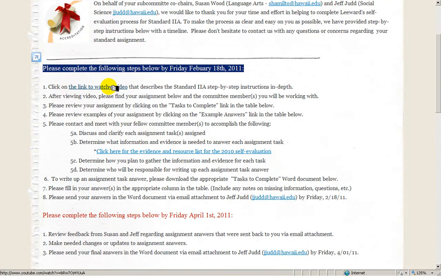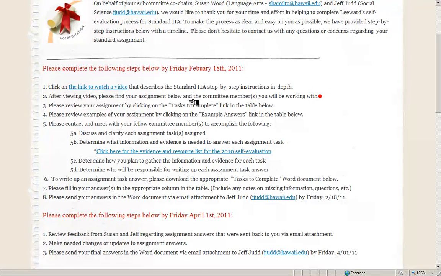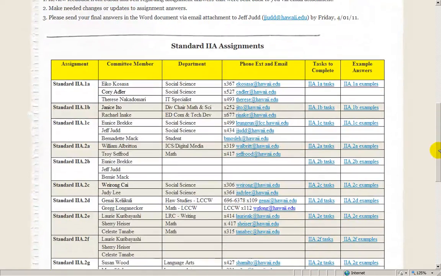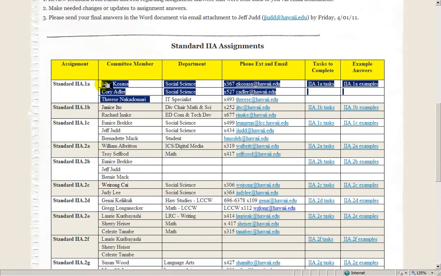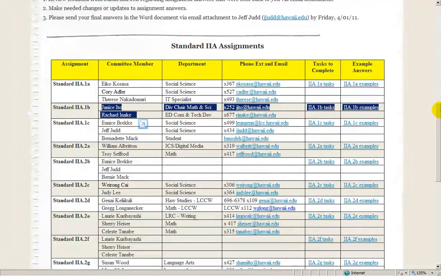And you're doing step 1 now by clicking on the link to watch the video. And then you'll be looking at the assignments below to find what task you're asked to do and who you will be working with. So if you scroll down there, you'll see for Standard 2A, 1A, these three folks have been asked to do that standard. For Standard 2A and 1B, these folks, and so on.